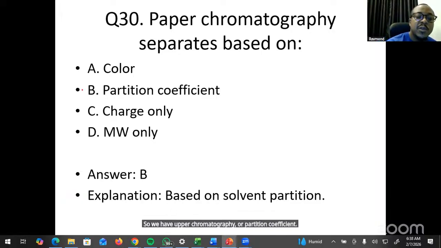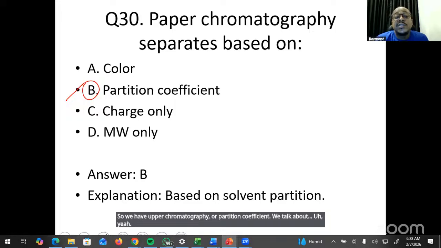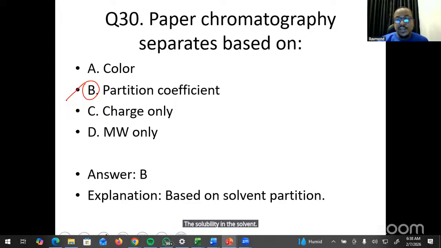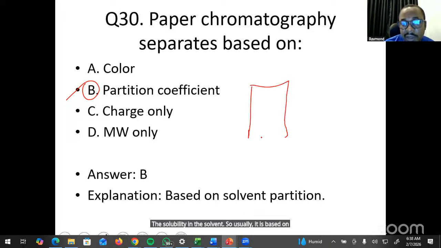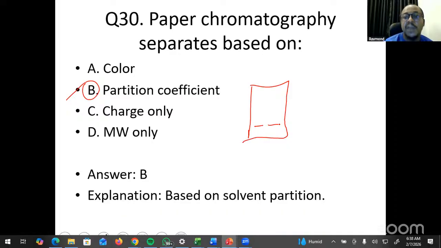When we say partition coefficient, we talk about solubility in the solvent. A paper is put in a solvent and the sample is spotted on it.